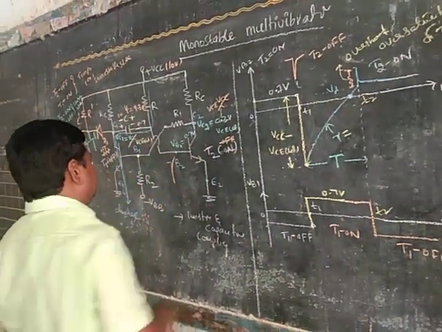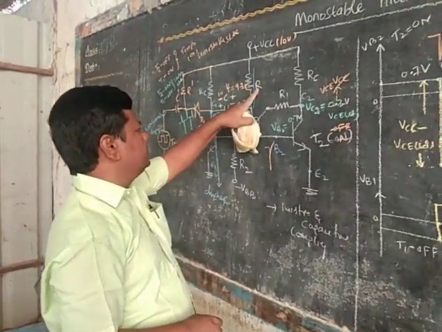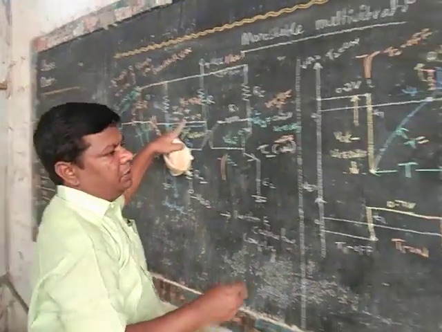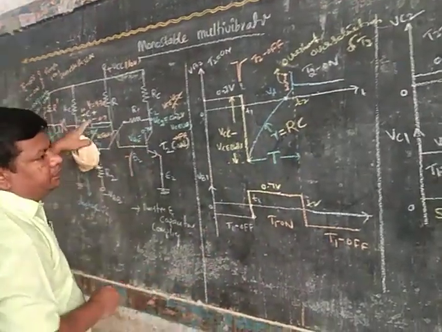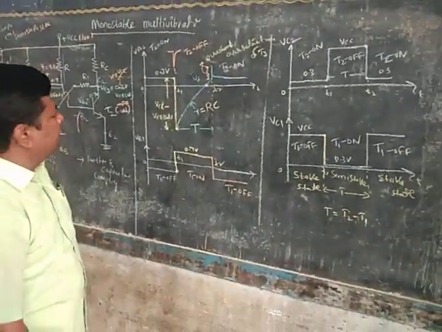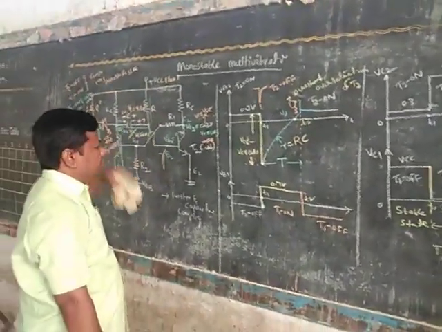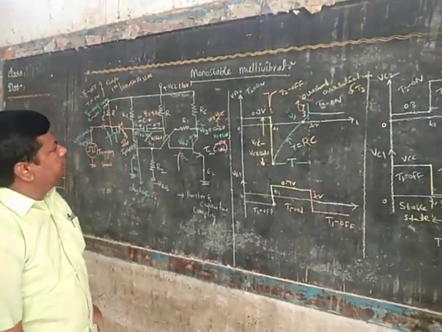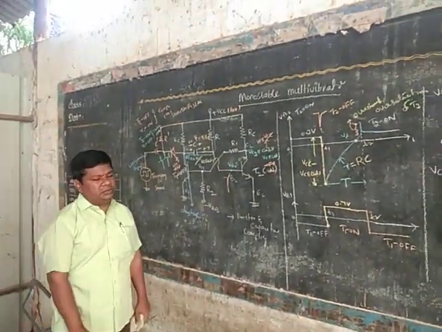Neglect the T1 transistor internal resistance. It mainly depends upon the RC. Tau is equal to the RC time constant, and we have to prove that tau is equal to 0.69 RC. It mainly depends upon the resistor and capacitor values. This is the monostable multivibrator circuit. Thank you.